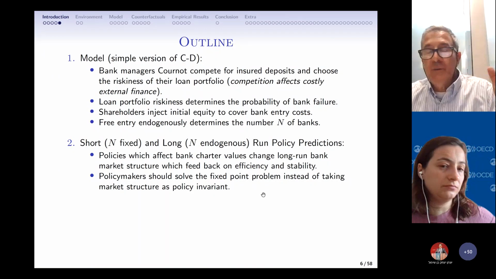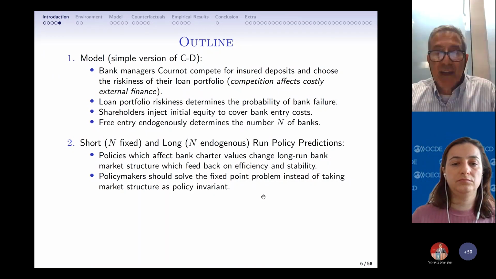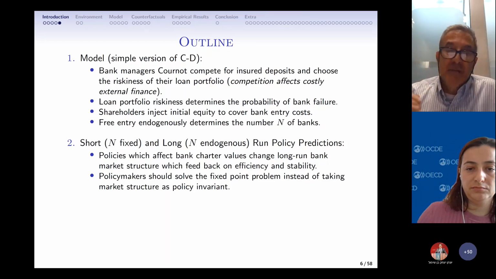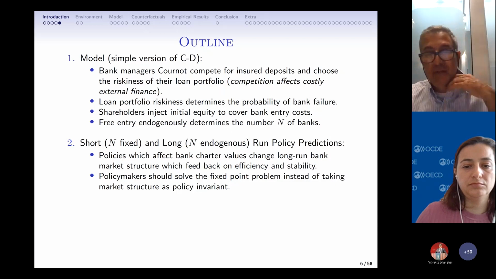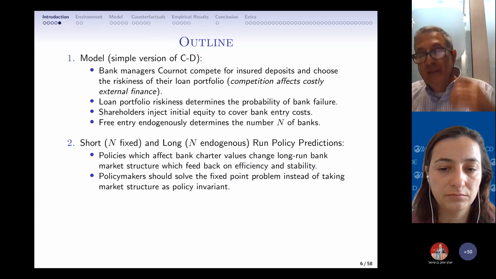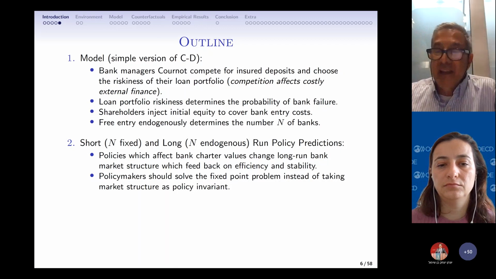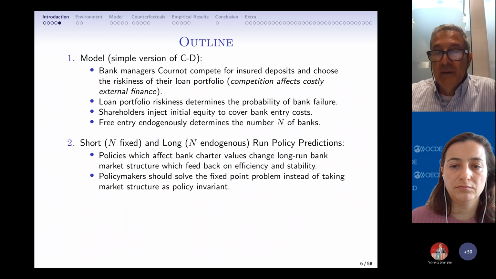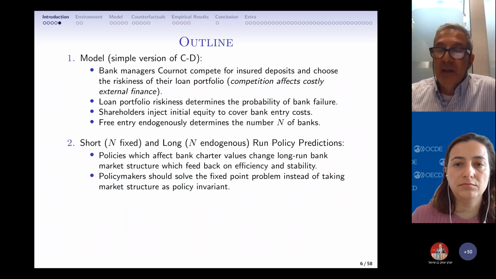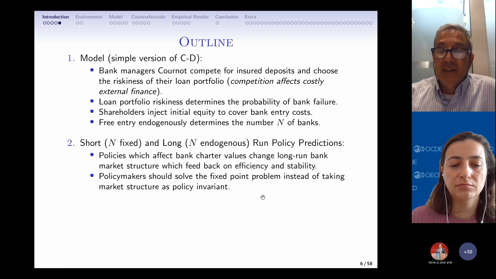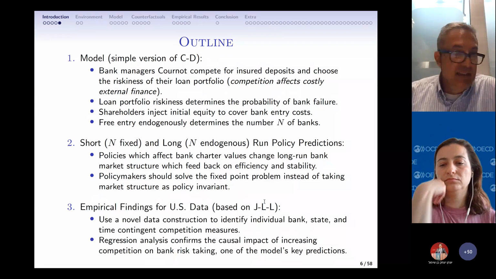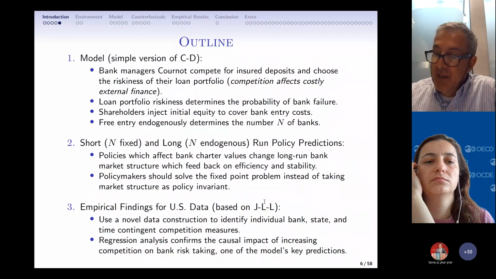And so what I hope policymakers get out of this framework is that there's really a fixed point here: if the goal is something like financial stability, and market structure affects financial stability, policymakers should be thinking about what the implications of their policies are for market structure.